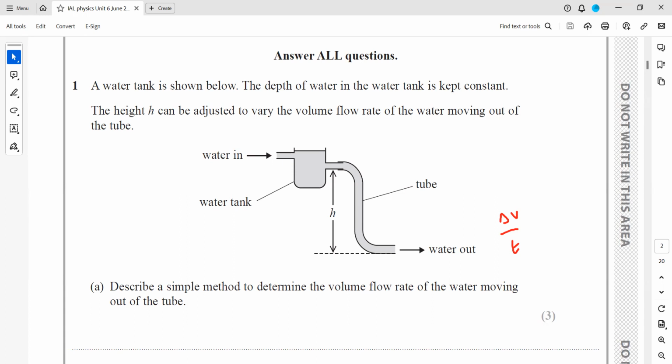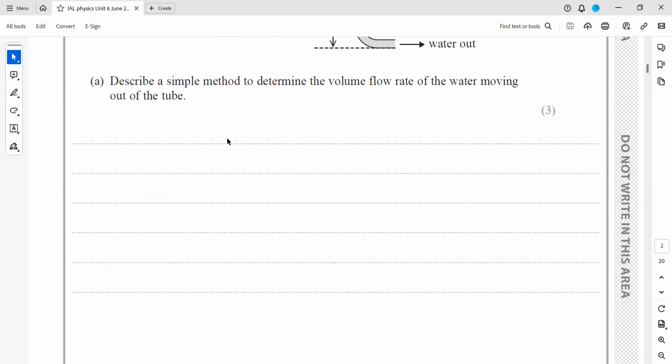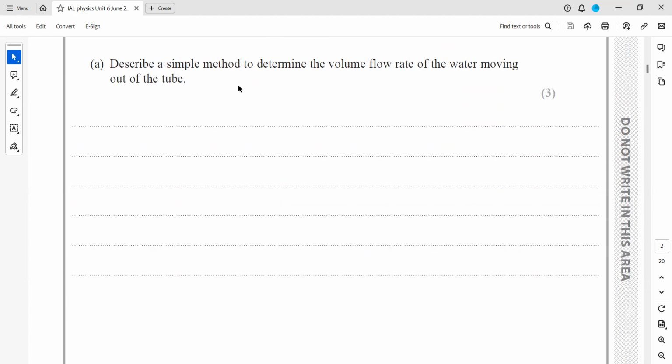So if you want to measure the volume flow rate, it's the change in the volume and the time. It's of 3 marks. So we have to measure the time, record the time, in the simple experiment to determine the volume flow rate.